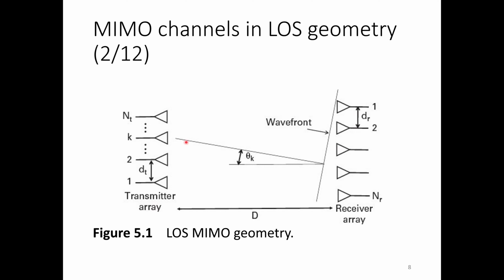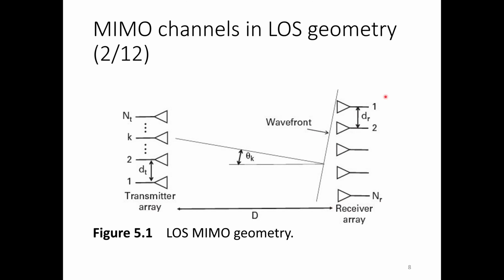Here is the transmitter array. The transmitter array has NT transmit antennas, and the distance between the first and the second antenna is equal to DT, and so on. And this is the receiver array.